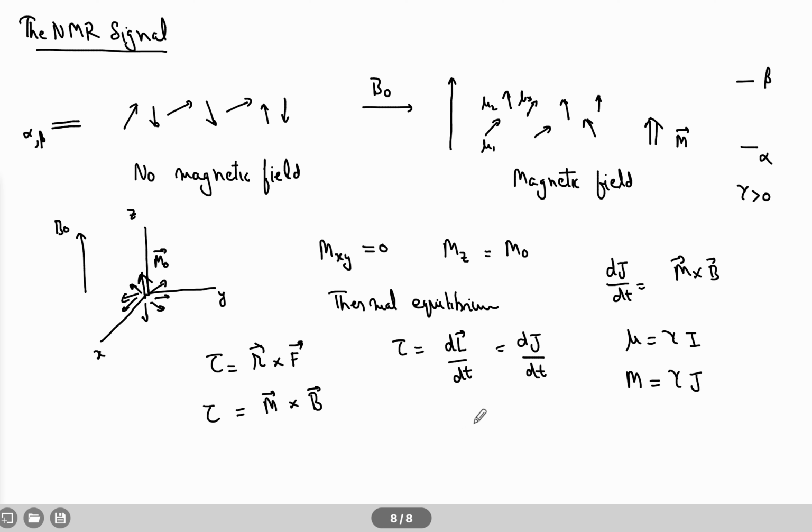All right, so if I multiply gamma on both sides of equation 1, what do I get?